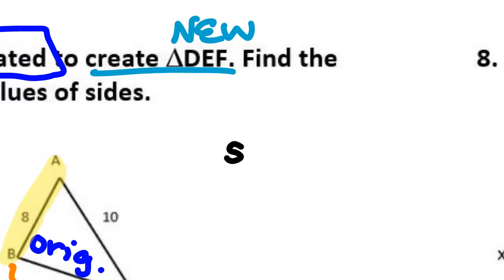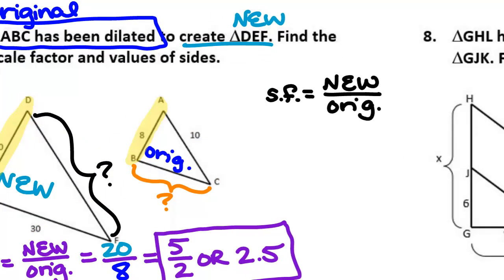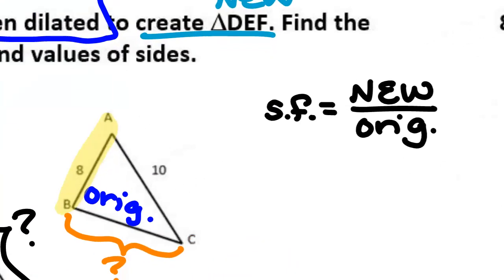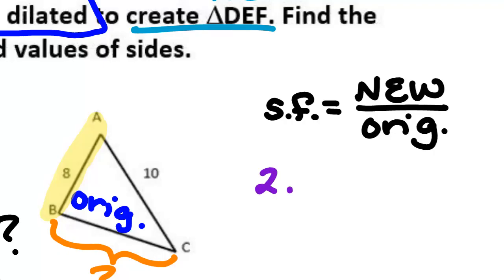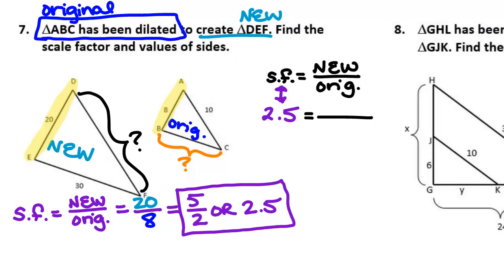So scale factor equals new over original. We know our scale factor is 5 over 2 or 2.5. It does not matter whether you use the fraction or the decimal, but that's what we're going to put in the place of scale factor here. Is equal to, we said we're finding DF first, right?